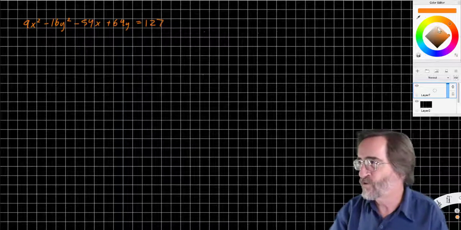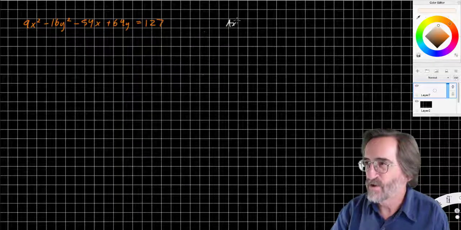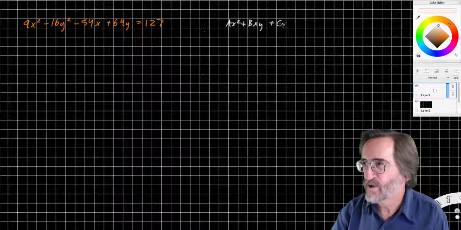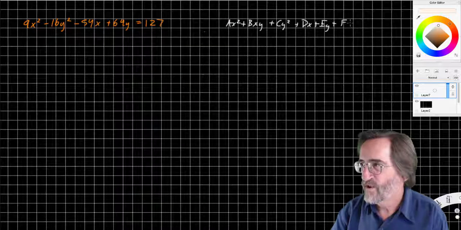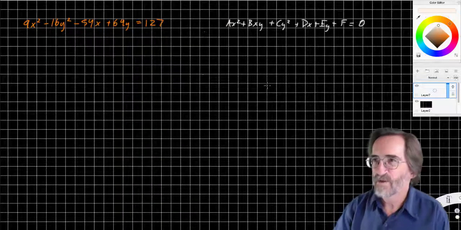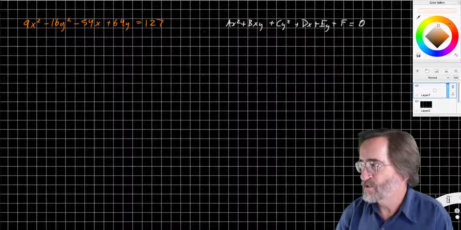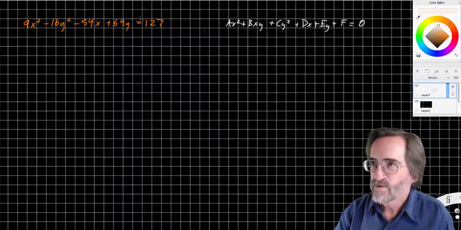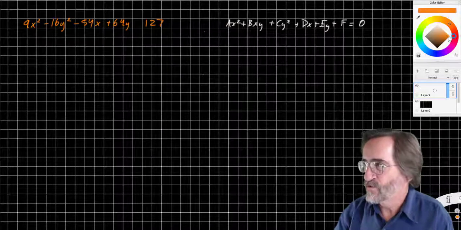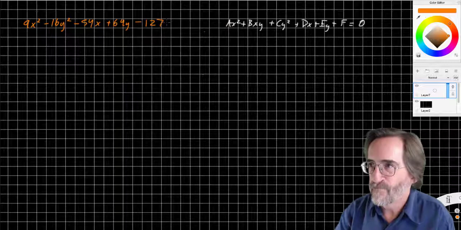Remember, the general form is ax squared plus bxy plus cy squared plus dx plus ey plus f equals 0. And this isn't exactly in standard form, so let me put it in standard form. So minus 127 equals 0. That would be better.